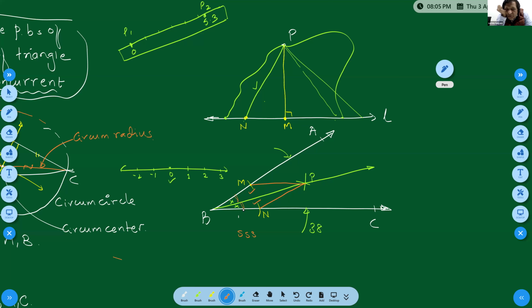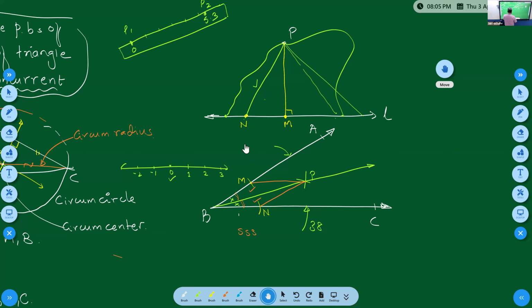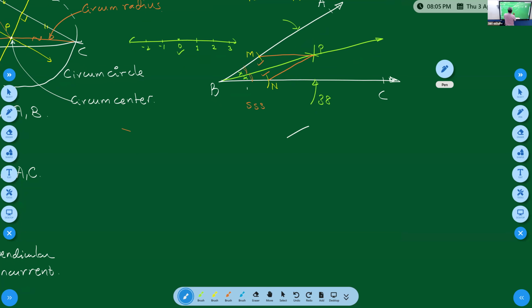We can as well put the perpendicular from P on BA and BC, and that way as well we can prove, sir. Wait, let us see. You want me to draw one more figure? ABC is the angle, and we want to draw the angle bisector.